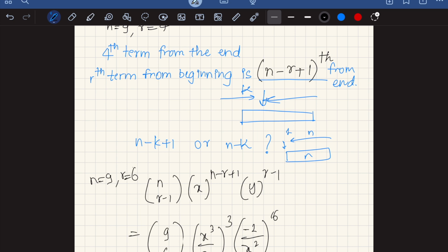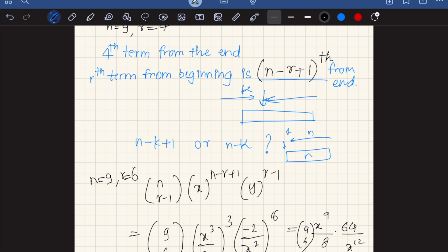Okay, I think there's a minus 1 here. So if you solve this, you get 9 choose 5, x to the 9 by 8 times 64 by x to the 12.